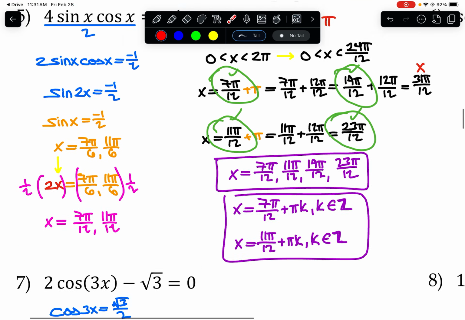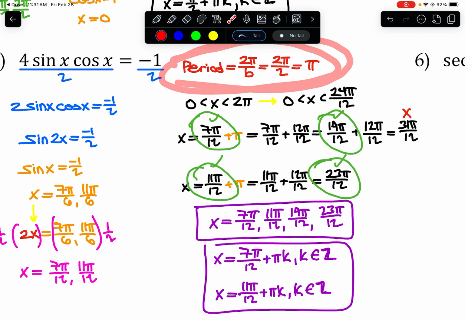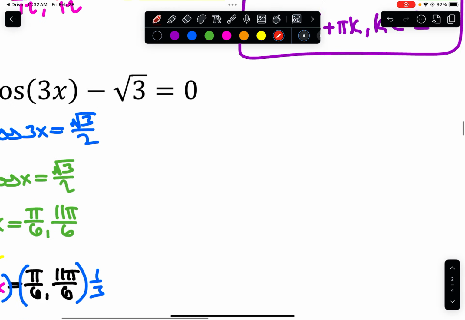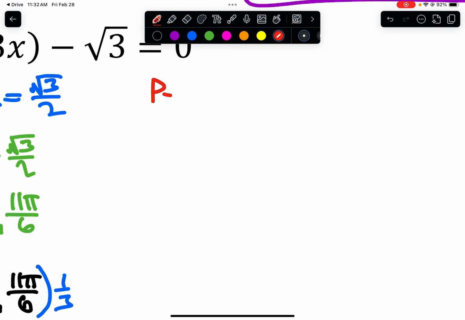Same ideas up here: we also need to account for the period. So this is going to be 2 pi divided by your b value, which in this case is 3. So our period that we're going to have to add is 2 pi over 3.